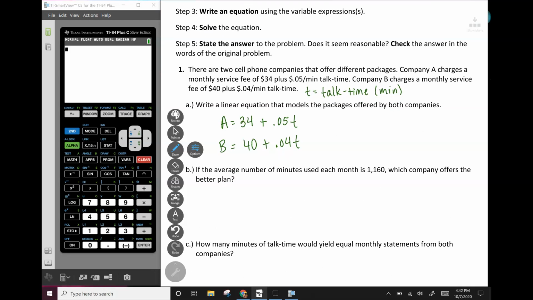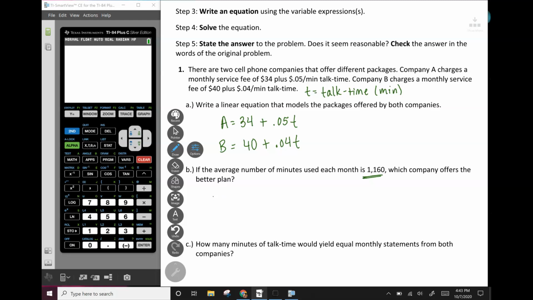If the average number of minutes used each month is 1,160, which company offers the better plan? So if you're somebody who uses this many minutes on average, you're trying to determine which company you should go with, which one is going to come out with a better deal. So to do this one, we're just going to plug in that 1,160 into each equation and see which one gives us the better deal.